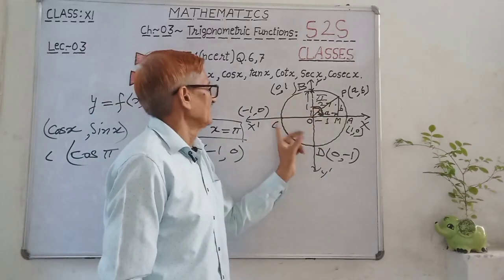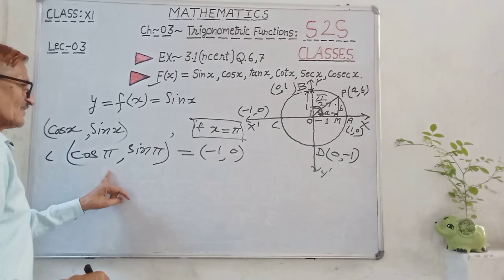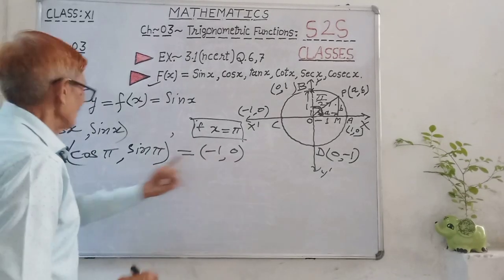First two verified and third we calculate for the angle. Now angle calculate करो, क्या बन गया, cos pi की वैल्यू -1.